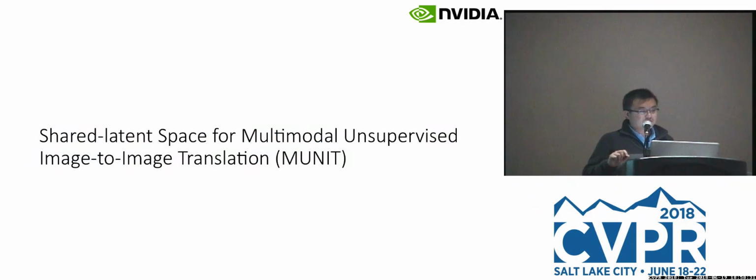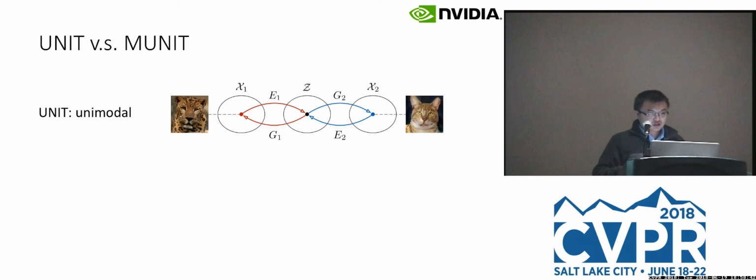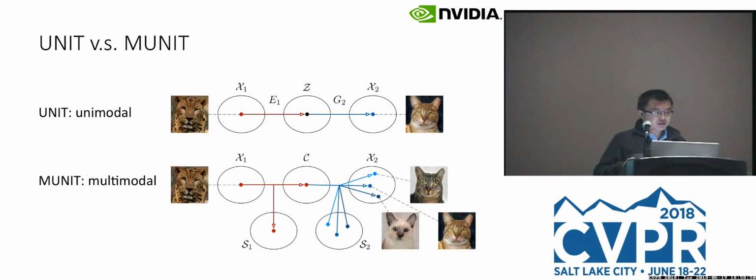So for the multimodal supervised image-to-image translation, we actually extend the shared latent space idea to partially share the latent space. What do we mean? In the UNIT model, we have one shared latent space, which is Z. In the multimodal one, we decompose the shared latent space Z into two parts, the content and style.